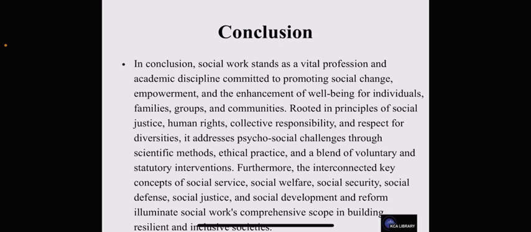Furthermore, the interconnected key concepts of social service, social welfare, social security, social defense, social justice, social development, and reform all illuminate social work's comprehensive scope in building a resilient and inclusive society.